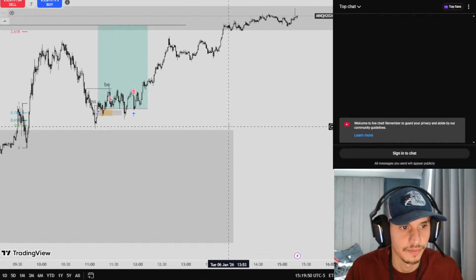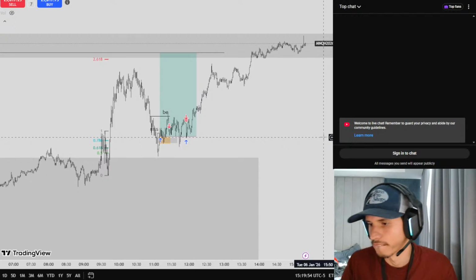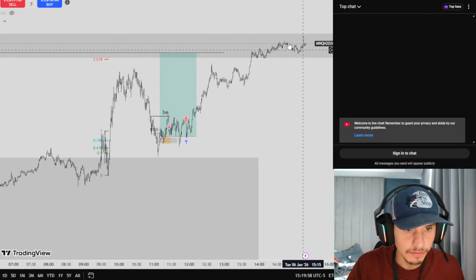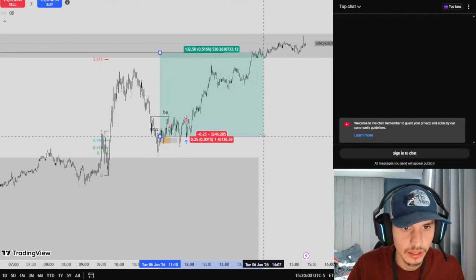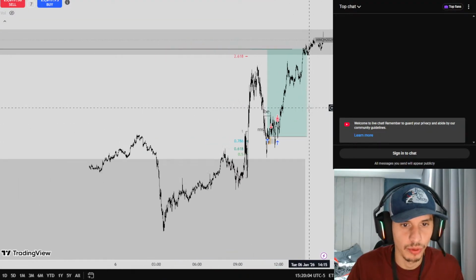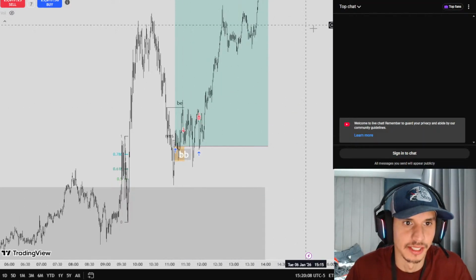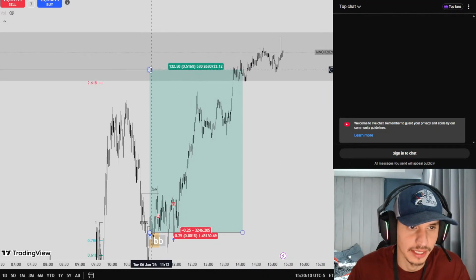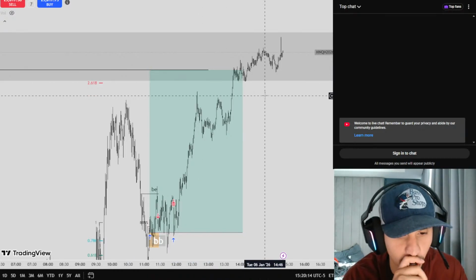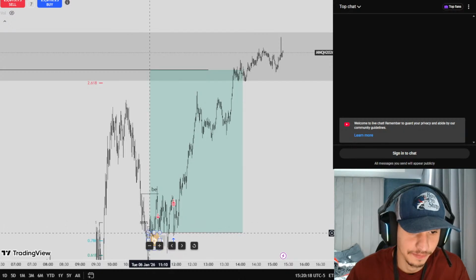Not 4 though. So 132 point pump. It's a bit ambitious to think you'd capitalize like this. I feel like it's too long of a hold till 2 p.m.